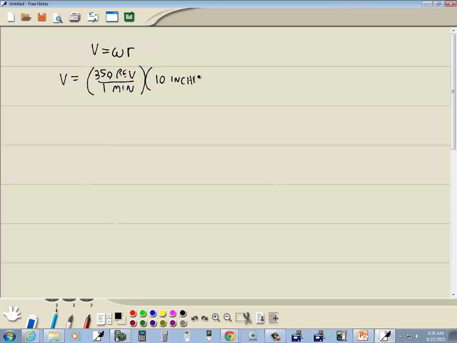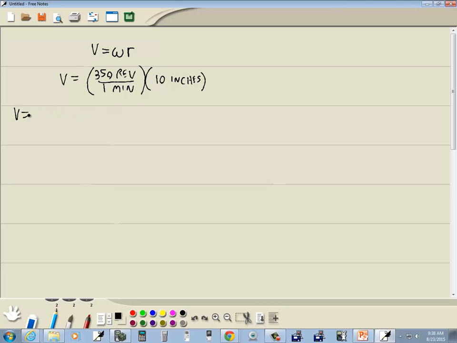So they're giving us all the information that we need, angular speed and r, but it's not in the right form. This needs to be in radians per time measure, whatever that time measure is.